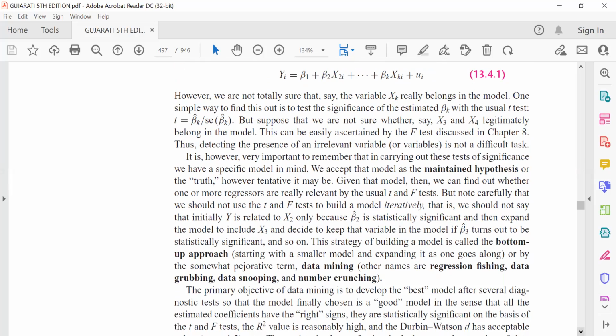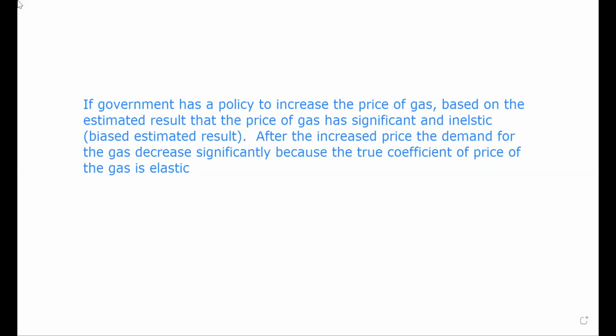However, it is not easy to do, because we have to test, for example, beta 2, beta 3 equal to 0. I can write it down here. For example, we have beta 1, beta 2 equal to beta 3 equal to beta 4 equal to 0.